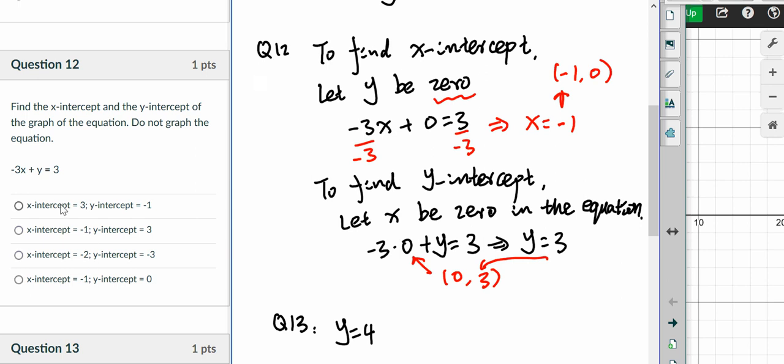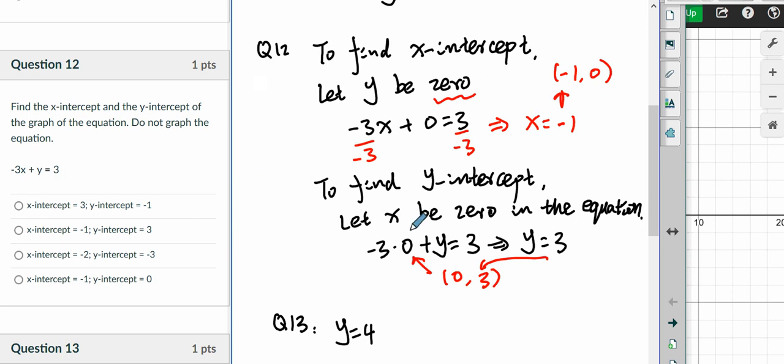Now, how about the y-intercept? For the x-intercept, the y-coordinate is 0. To find the y-intercept, we let x be 0 in the equation. In the equation, we have negative 3x plus y equals 3.